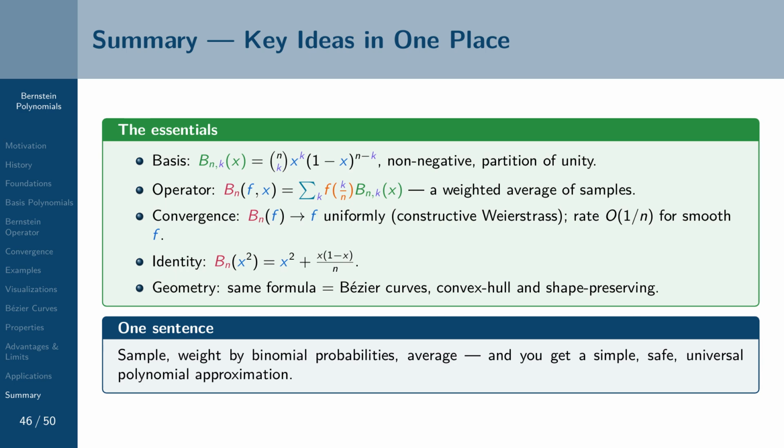It converges uniformly to f, a constructive Weierstrass theorem, at rate 1 over n for smooth f. The clean identity, B_n of x squared equals x squared plus x times (1 minus x) over n, summarizes its behavior. And geometrically, the same formula is the Bézier curve, convex hull, and shape-preserving. In one sentence: sample, weight by binomial probabilities, average.